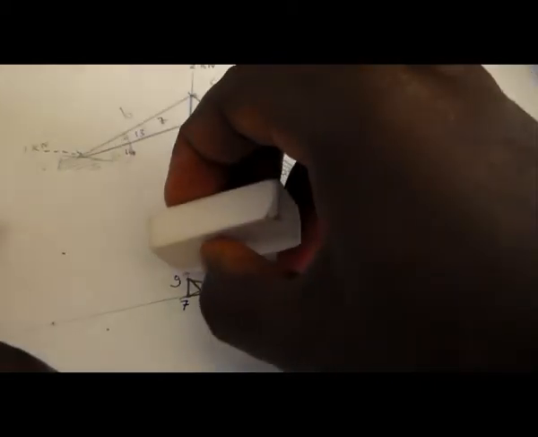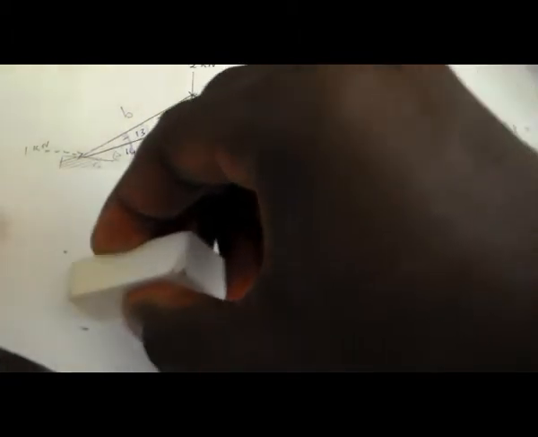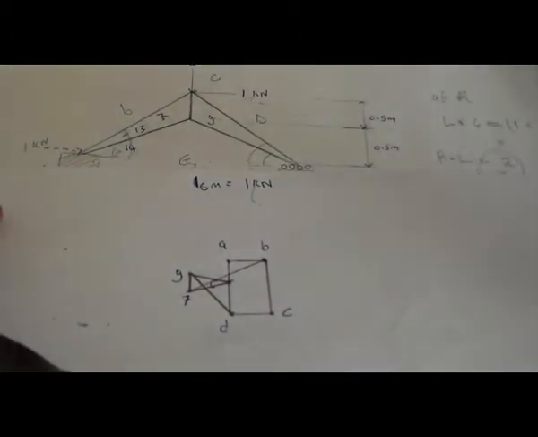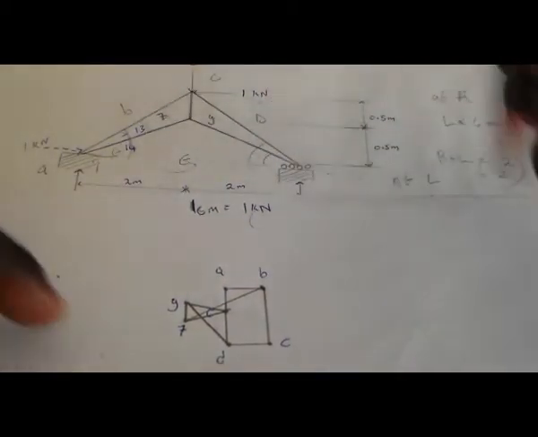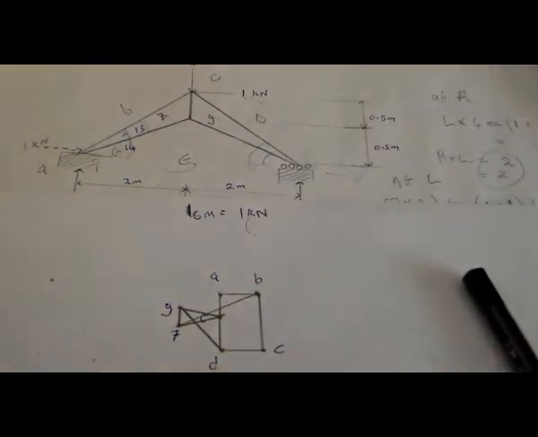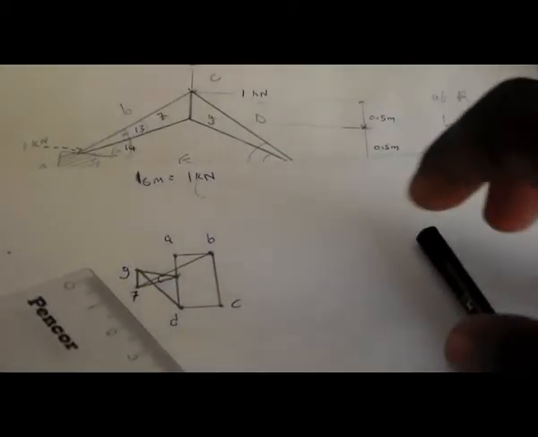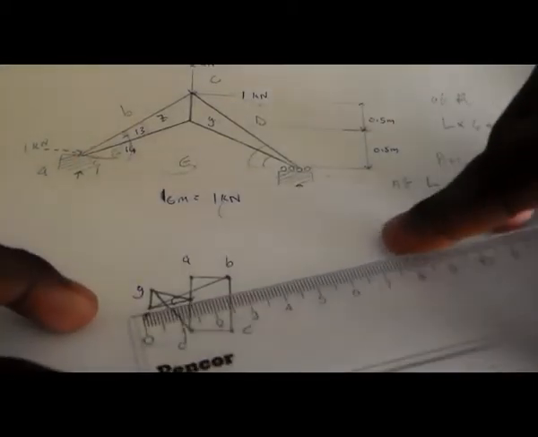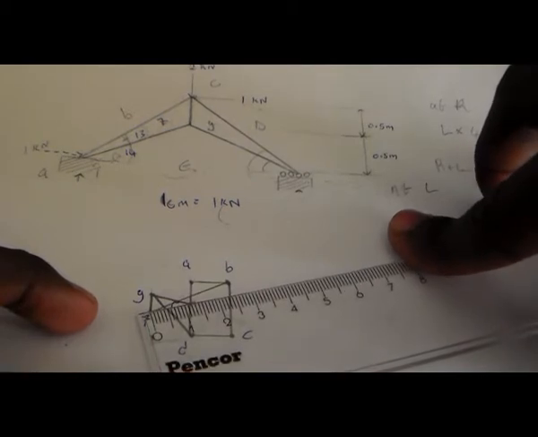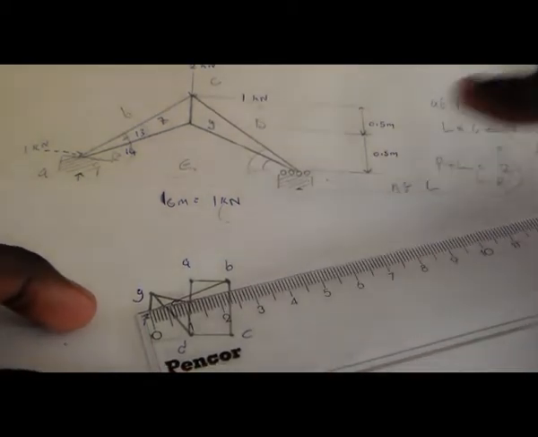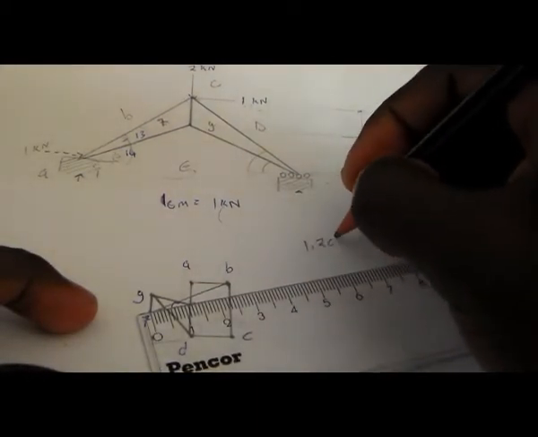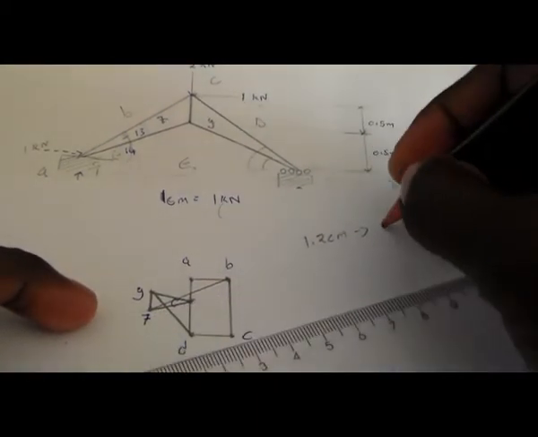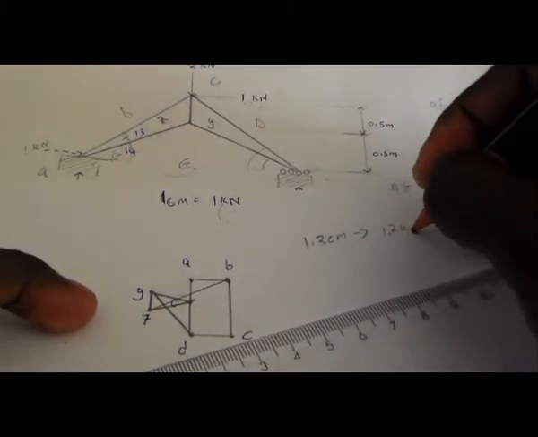So if you are having this vector diagram, then now we can read our members. From E to F, we have to measure from E to F. This is E, and we're having 1.2 centimeters, which means it's going to be 1.2 kilonewton.